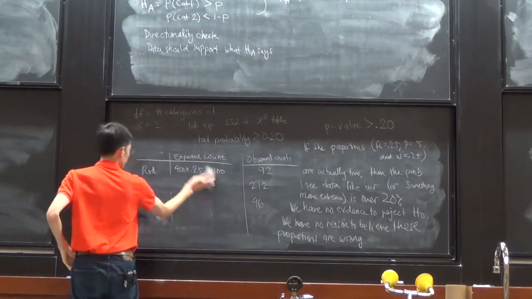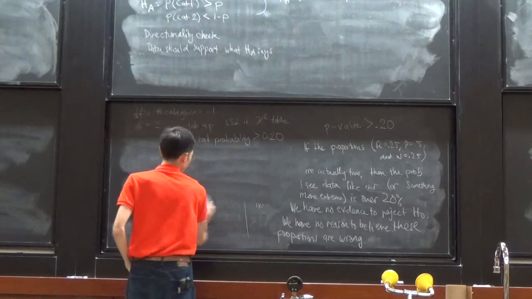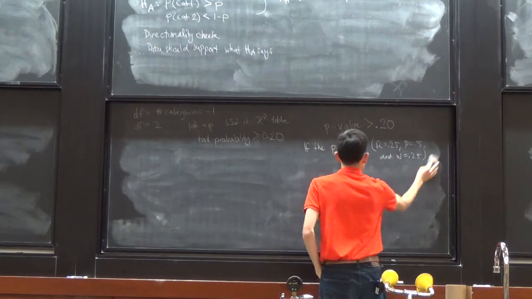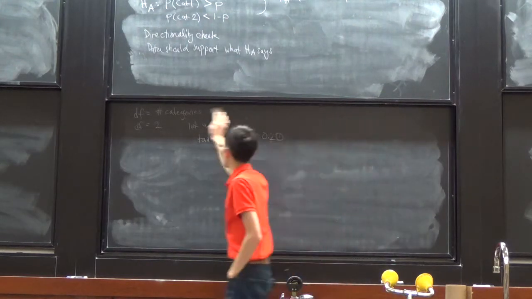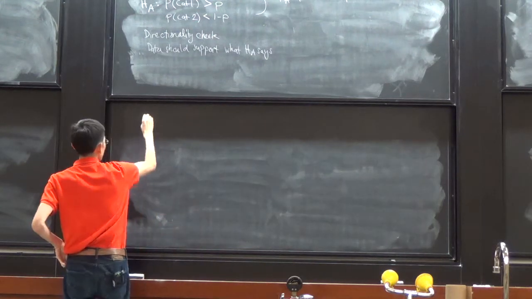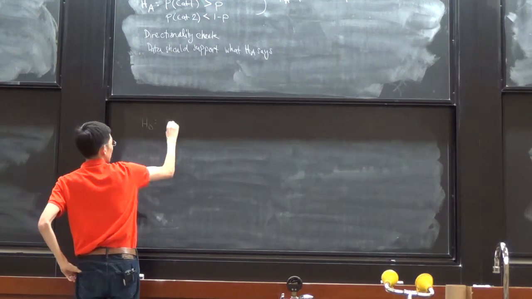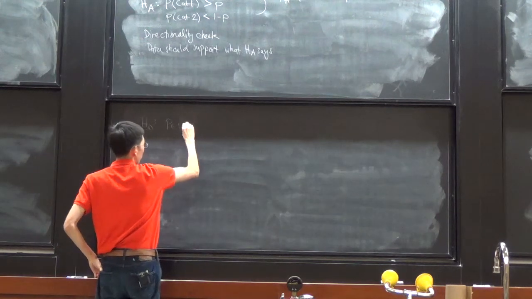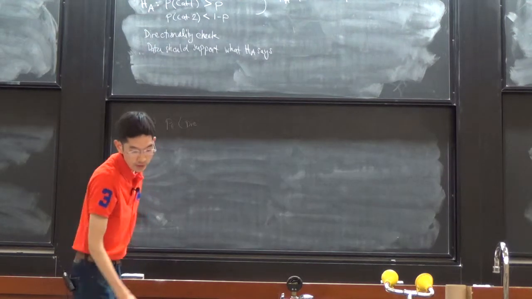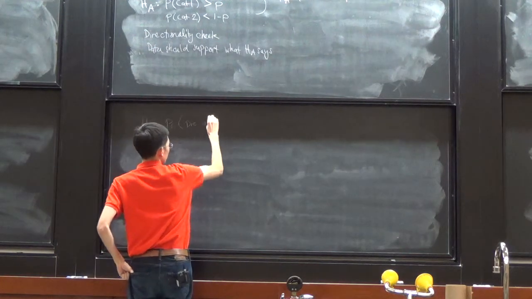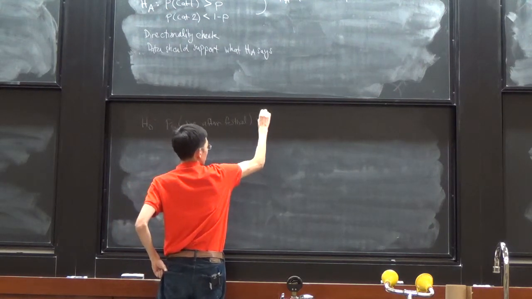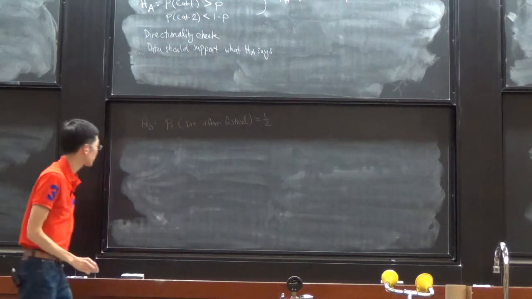So according to this, I have a bunch of data here. Under the null hypothesis, the probability of dying after the festival is equal to 1/2.